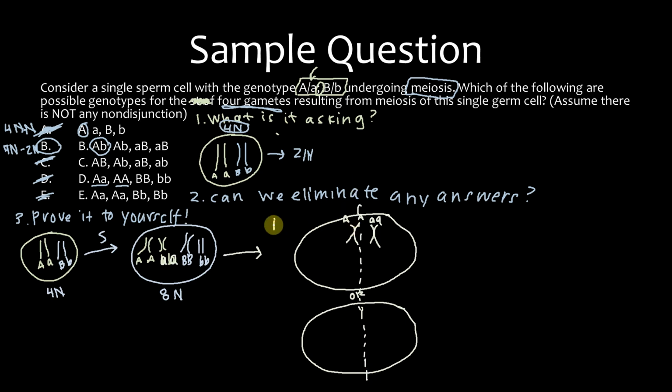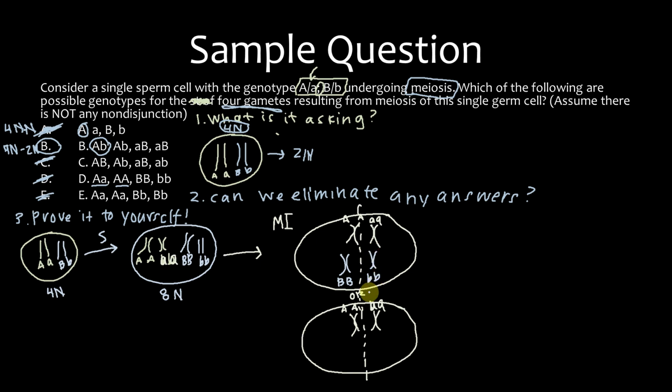So this is metaphase 1. I'm going to draw the A's in the same location so you can see how they're toggling with the B allele, with the B gene. Okay, so here's the B gene now. Up here, I'm going to put big B on this side and little b on this side.